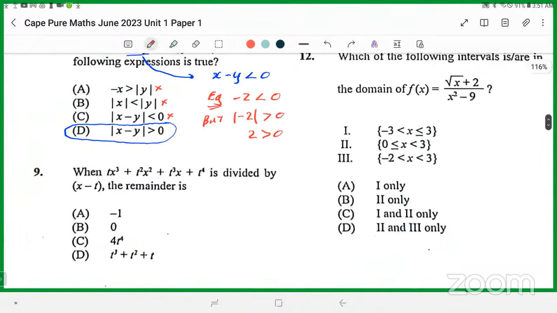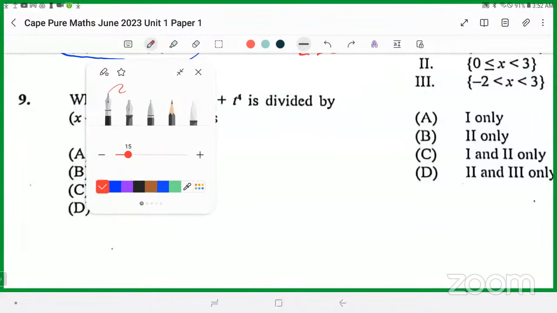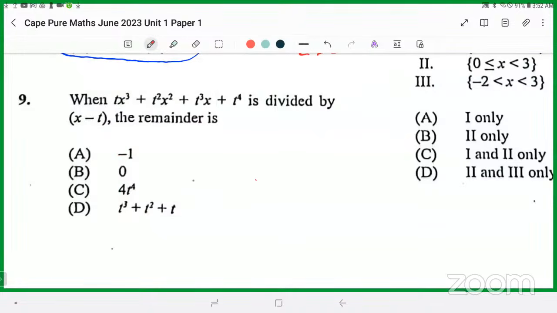All right, let's continue. This one gives us this expression, and they say it is divided by this. If I call this f of x, I'm finding f of t. When I divide by this, the remainder is f of t.